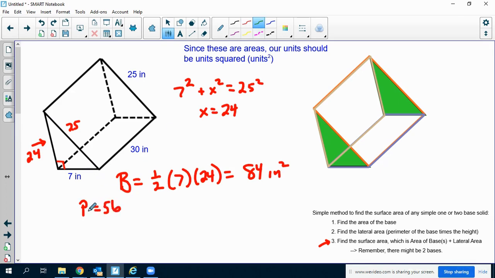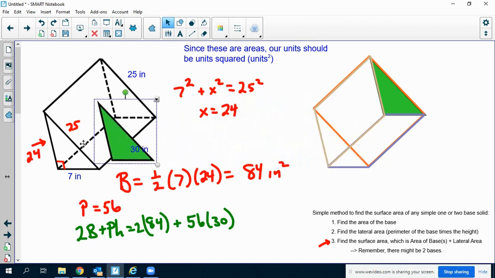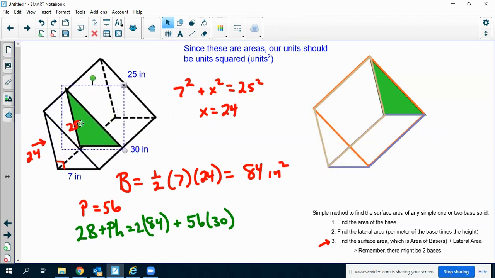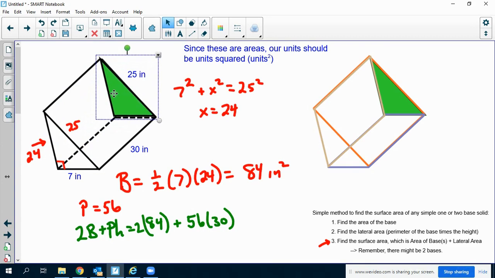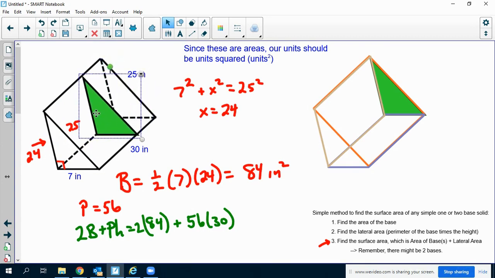So then what I'm going to do is 2b plus pH. So that's 2 times 84 plus the perimeter of the base, which is 56, times the height. Now the height is 30, and this is really important. Remember, in a triangular prism, it's important to know that this shape is my base, and since that's my base, I have to act like that's on the ground.